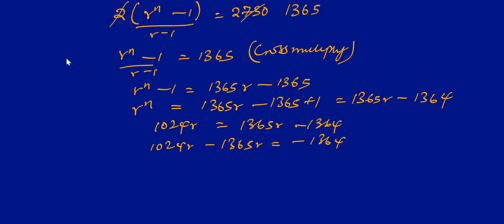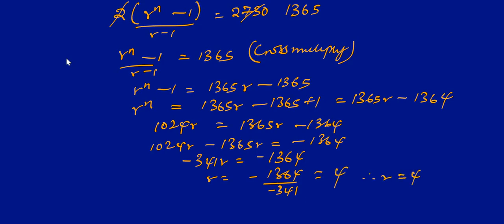So if you do that subtraction, 1024 minus 1365, you are going to have -341r equal to -1364. Divide both sides by that. r will be equal to -1364 all over -341, and that will give you 4. So therefore r is equal to 4.